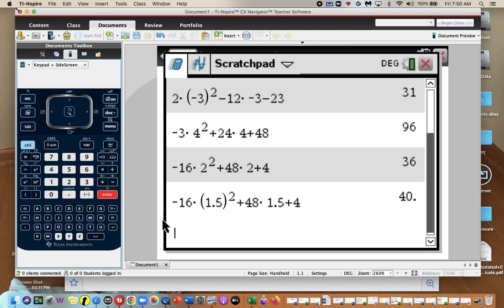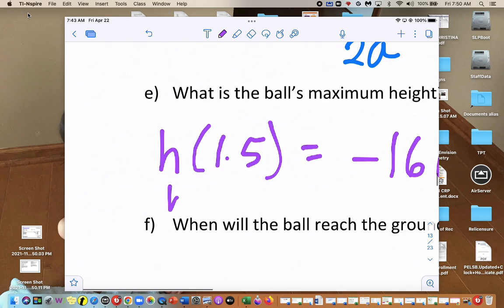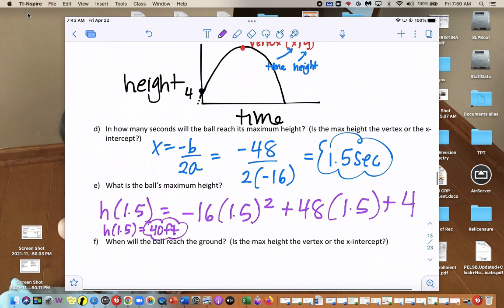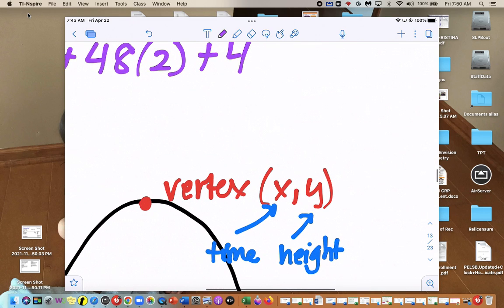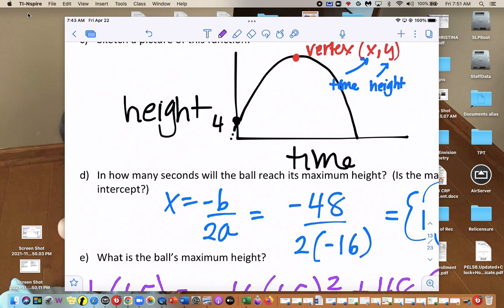All right, so 40 feet is the highest it will reach at time 1.5. Okay, so that vertex is at 1.5, 40. At 2 seconds, if you remember, it was already at 36 feet.